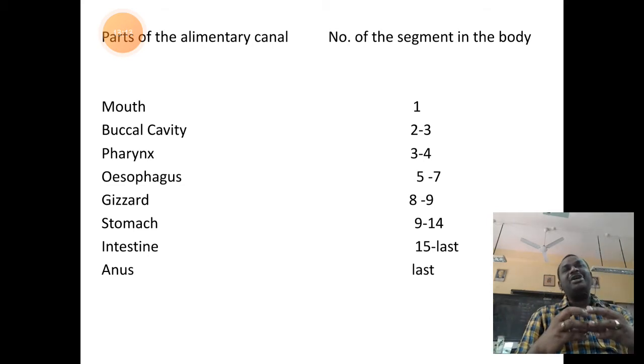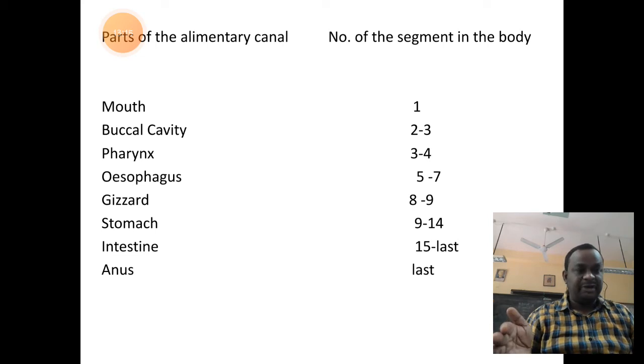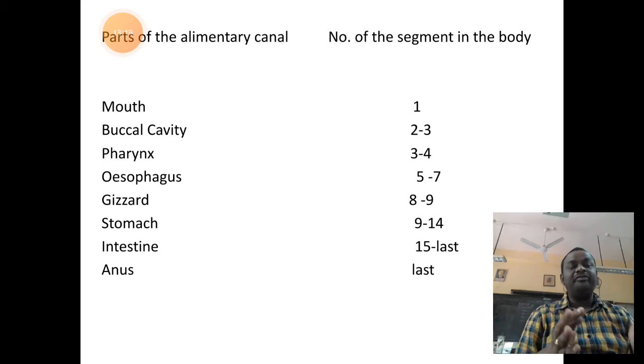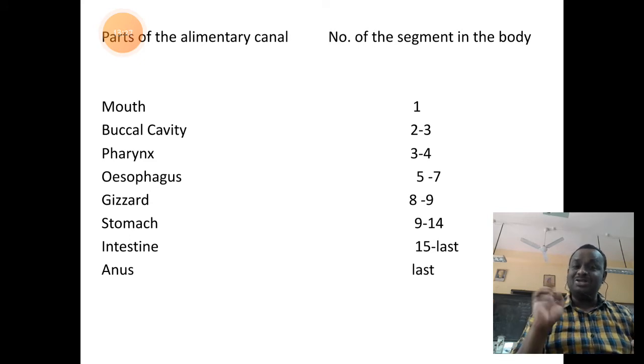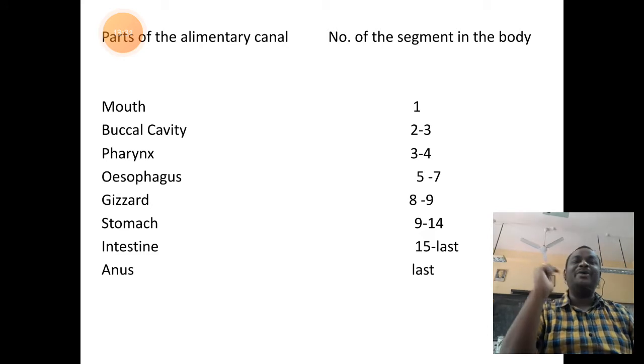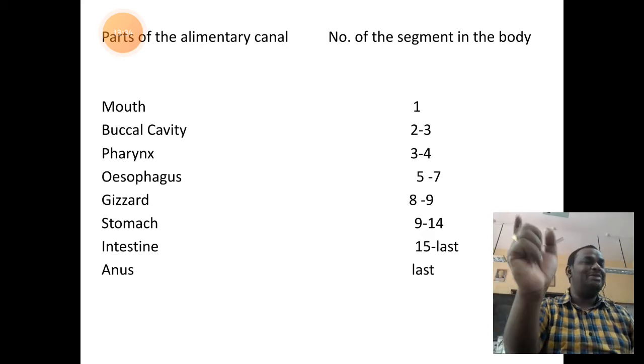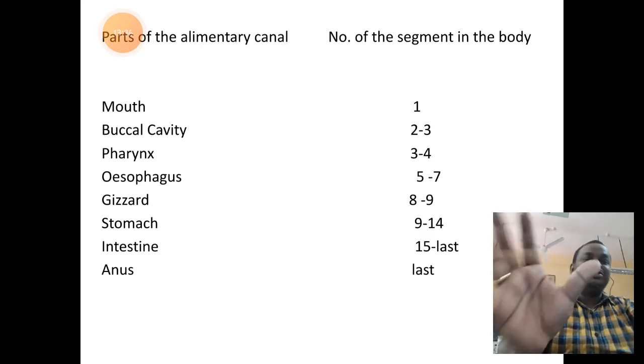Generally, when we understood the morphology of the earthworm, we came to know that an earthworm consists of somewhere between 120 to 150 segments on the body. But the position of the organs follows this particular pattern in Pheretima. So, remember the name of the organ and the position of the organ.